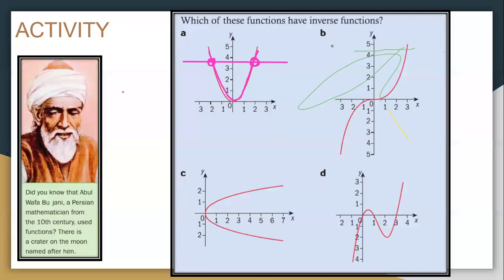Good. Martha, now what are you concluding, basing on that observation? C has an inverse. Why? Because it is possible to draw parallel lines and they meet the curve.